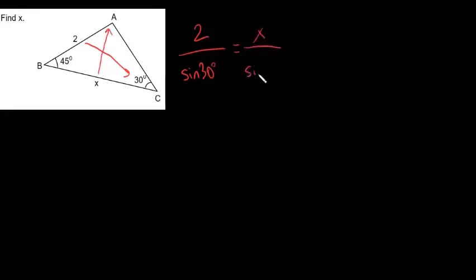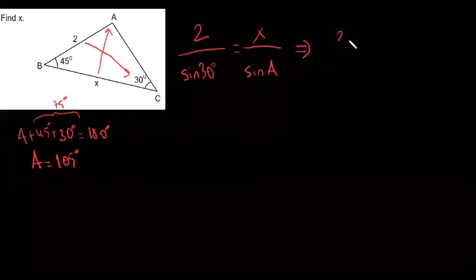We don't know the measure of A, but we can find it because the interior angles of a triangle add up to 180 degrees. So A plus 45 plus 45 degrees. So A is going to be 105 degrees. 180 minus 75 is 105 degrees. So now we can write this expression as 2 over sine of 30 degrees is equal to x over sine of 105 degrees.